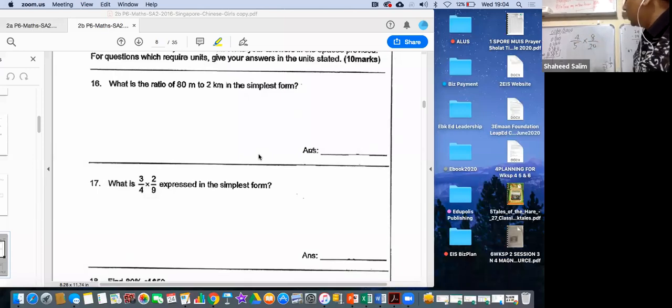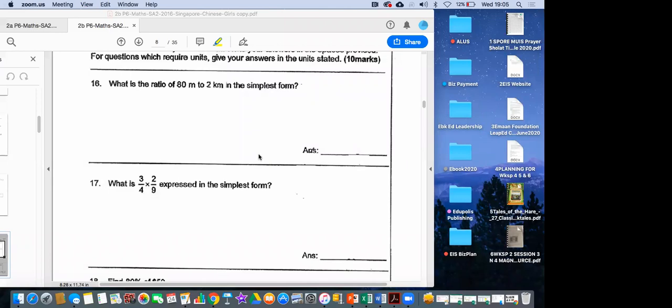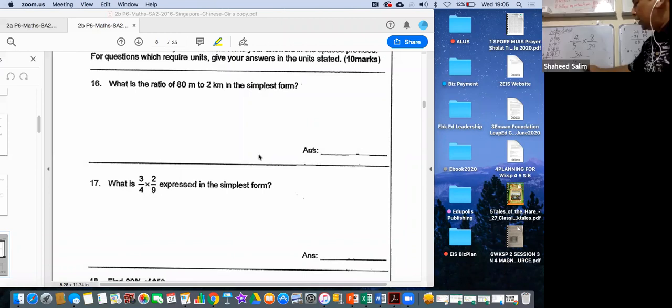You only know how to cancel when there's one fraction. It's okay. 4 times 8, 32. 5 times 20, 100. Now you must reduce. Divide by 2, I get 50 and 16. Divide by 2, I get 25 and 8. 8 over 25 is the same.